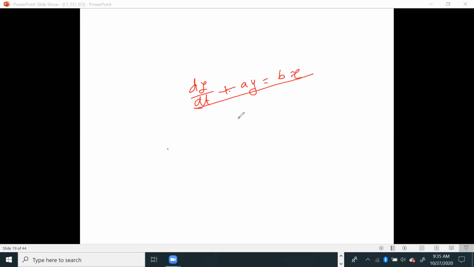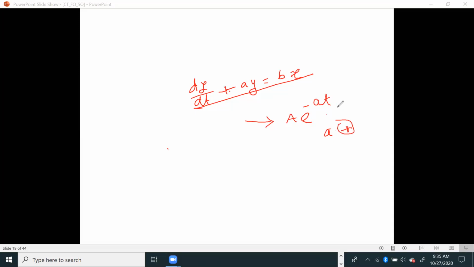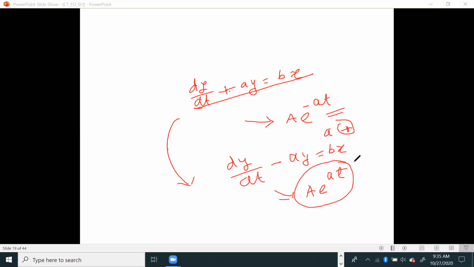And this solution will give you a homogeneous part equal to some constant times e to the power minus at. And if your a is positive, that will always be decaying. But for our case, when the system is unstable, then what will happen? Your dy/dt minus ay would be equal to bx. In this case, the homogeneous part would be equal to e to the power at. And this is unstable. Okay.